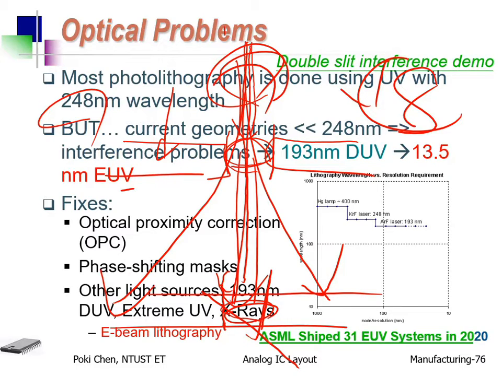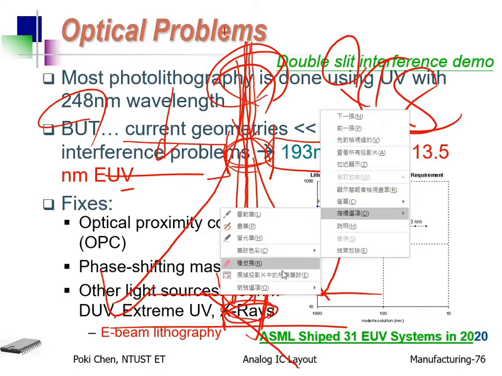That is a big problem. But we try to narrow down the slit from 0.35, 0.25, 0.18, all the way to 5 nanometer, 3 nanometer. What can you do? You need also to reduce the wavelength of your light. That's it. Okay? To prevent such kind of diffraction. 绕射.